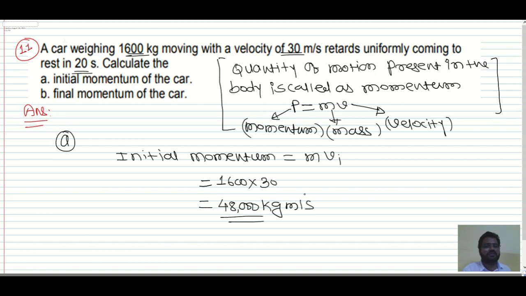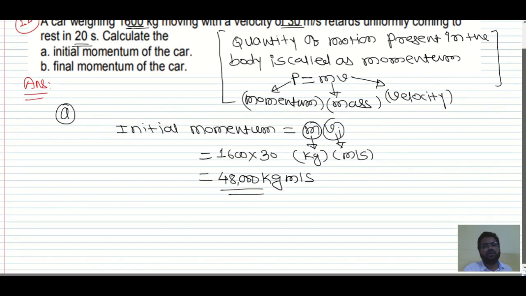Now, kg meter per second, how? Mass has a unit of kg, that is kilogram, and velocity has a unit of meter per second. So you will get kg meter per second as the unit of initial momentum. Now part B, the final momentum.